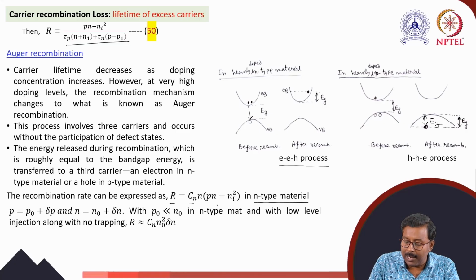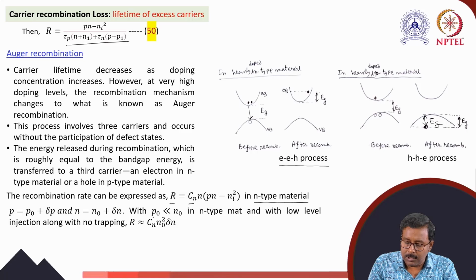Similarly, for p-type material, that will be reversed: Cp (pn minus ni square). Remember p and n again: p is p0 plus delta p, n is n0 plus delta n, and the semiconductor is sufficiently extrinsic if you consider an n-type semiconductor.